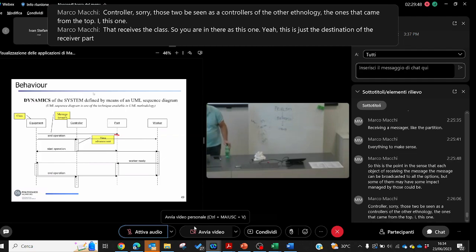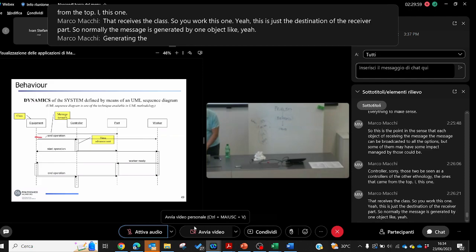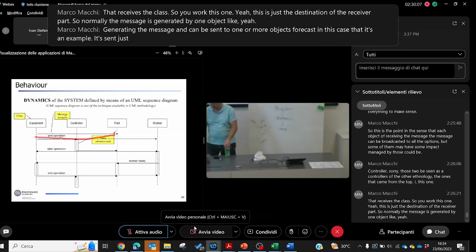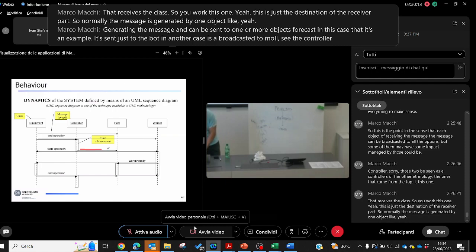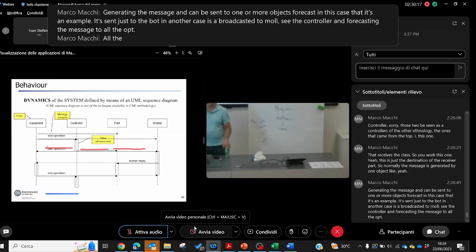Normally the message is generated by one object, like here in the tail, the equipment is generating the messages, and can be sent to one or more objects or classes. In this case, as an example, it's sent just to the part. In another case, it's broadcast to all. See the controller: I'm broadcasting the message to all the objects. All the three other objects are receiving the message.